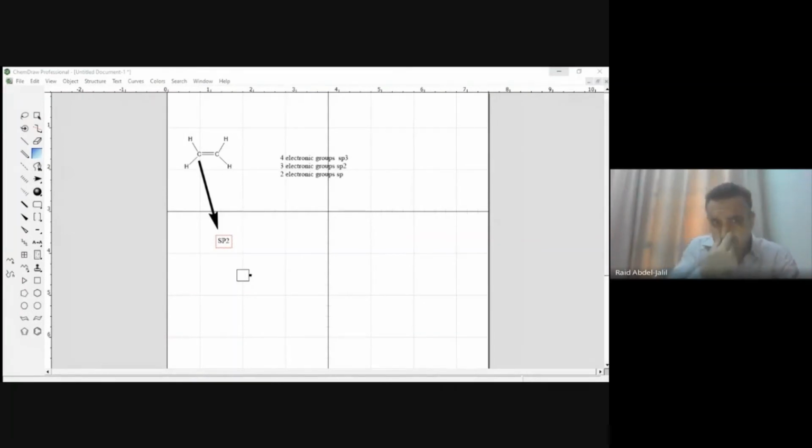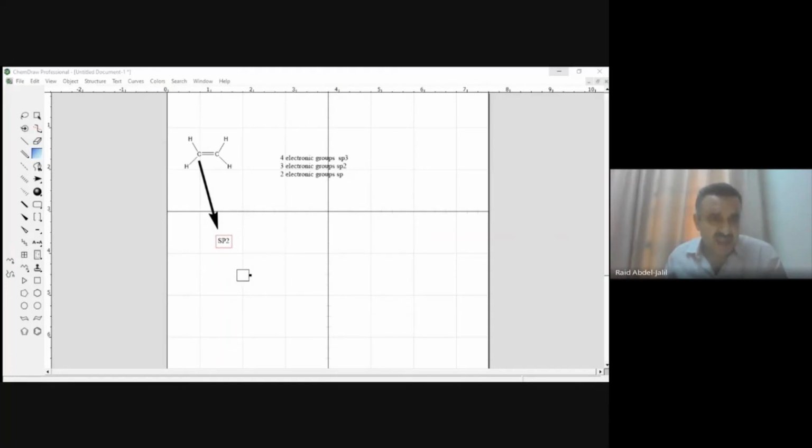Now, this carbon will make a sigma bond with this carbon. There will be overlap between the 2 orbitals here, sp2 with sp2, and sp2 with s, and so on. Now, the remaining orbital on each carbon is a p orbital.